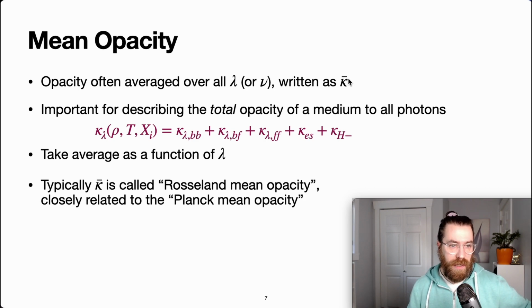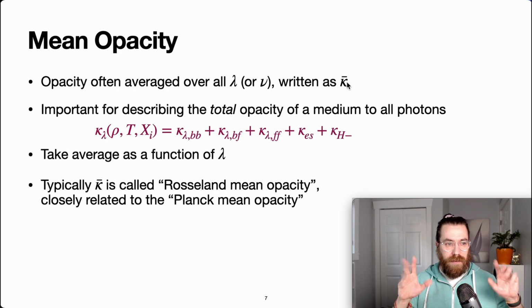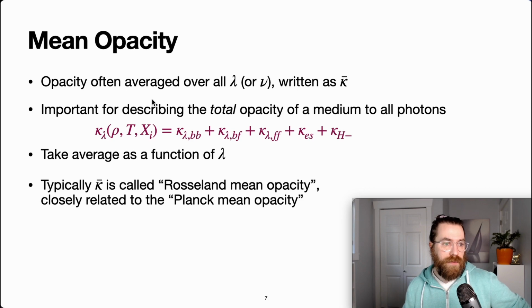This is definitely an astronomer thing, and sometimes in physics, when you write the average or the mean, you would write a bar over it. Sometimes averages can also have brackets around them, but the bar over it is the notation for average. So the average opacity, when you're combining the total opacity from all photons, you take the average as a function of wavelength or frequency.